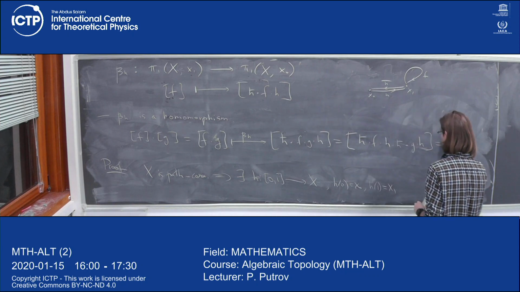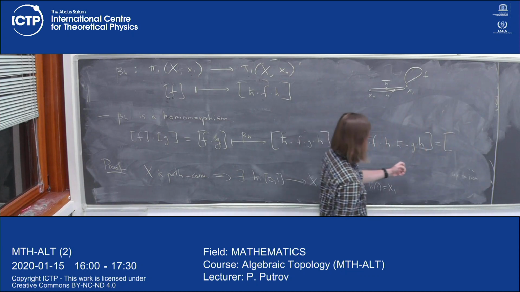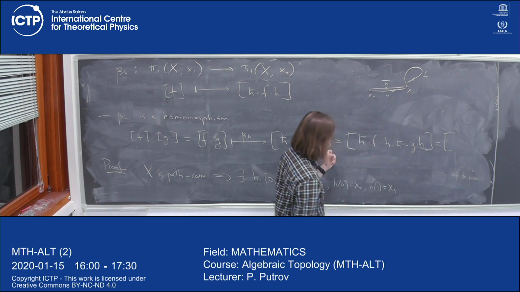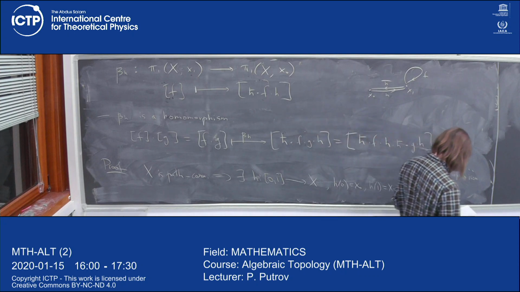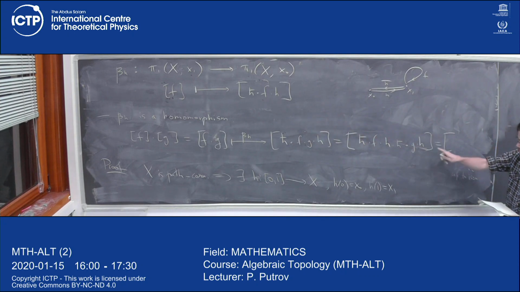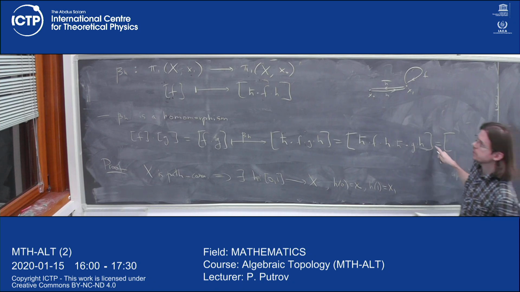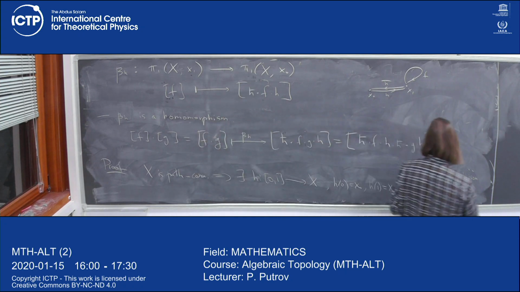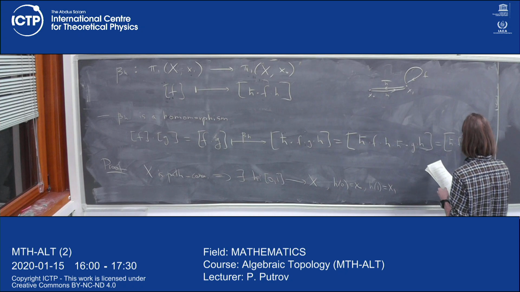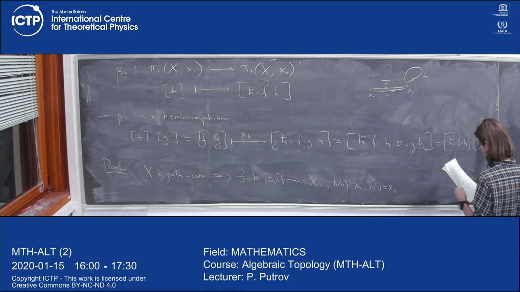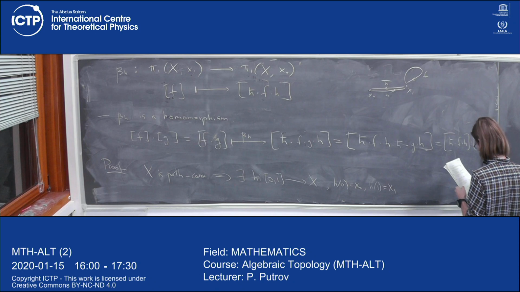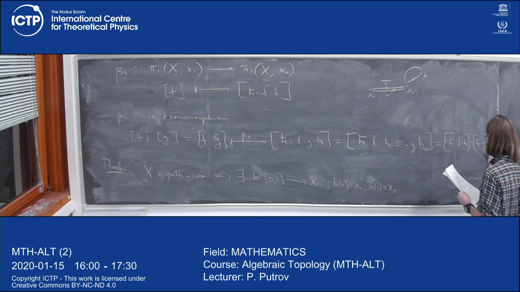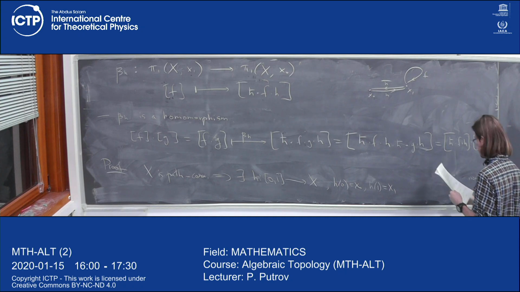So far I just used the properties of compositions, the properties of the homotopy between paths, and now I use the definition of the product between group elements here. It is h bar f h times h bar f h over here, which is what we want.